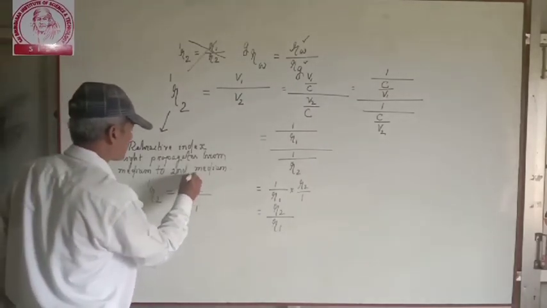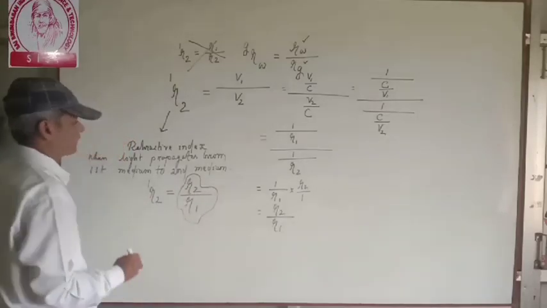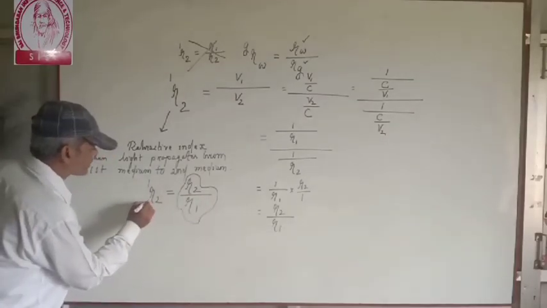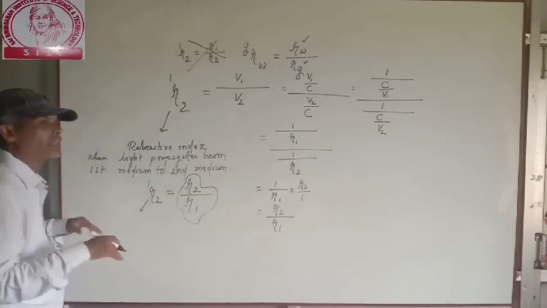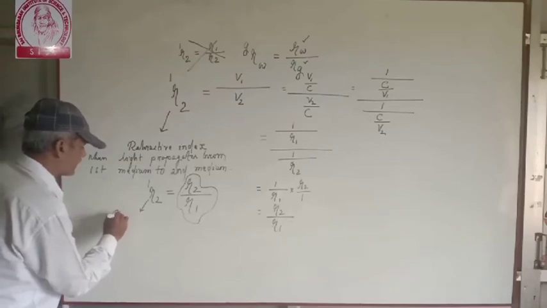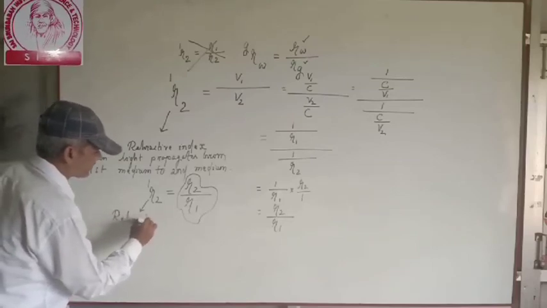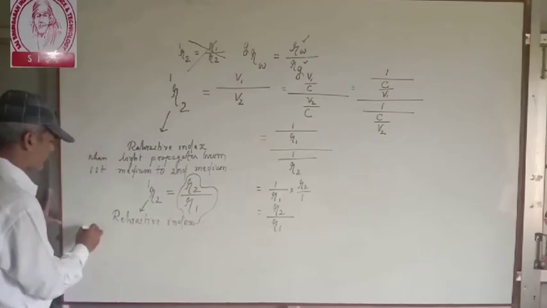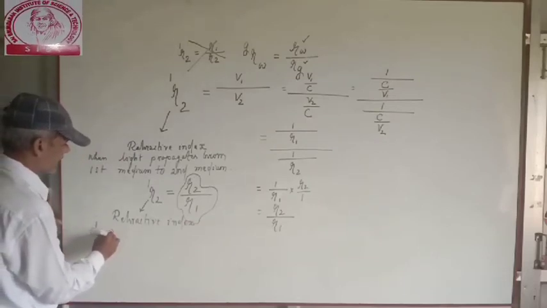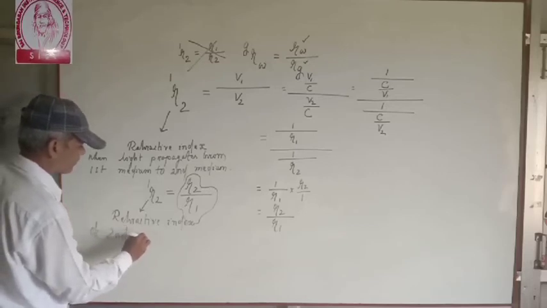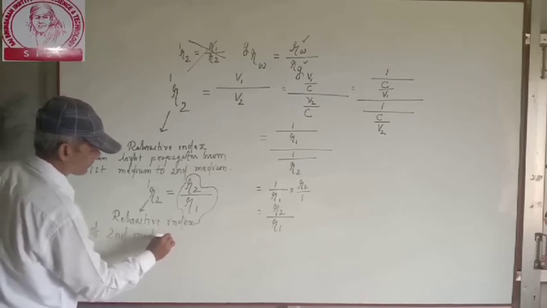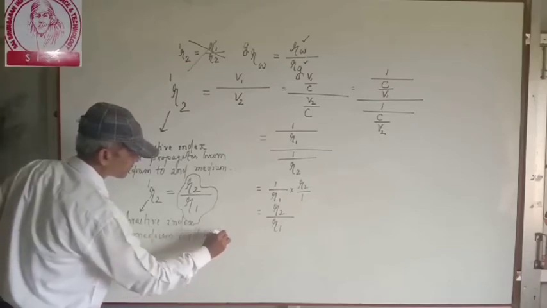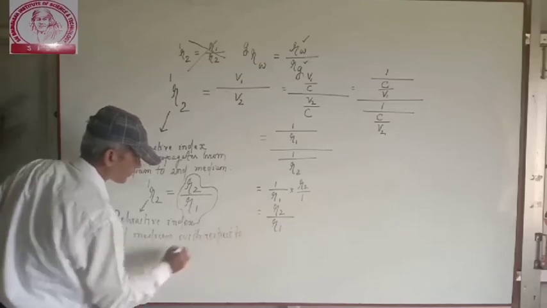But by definition, we can say 1 mu 2 is called, or can be said, refractive index of second medium with respect to first medium.